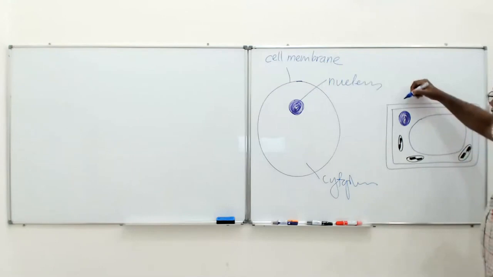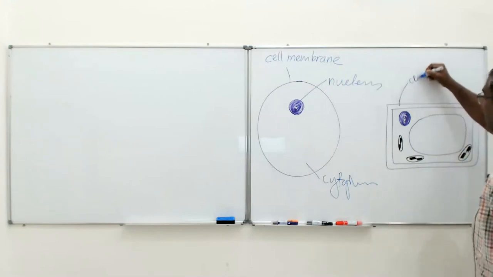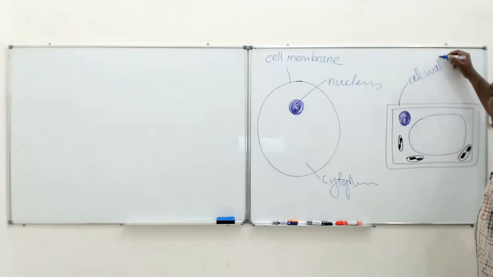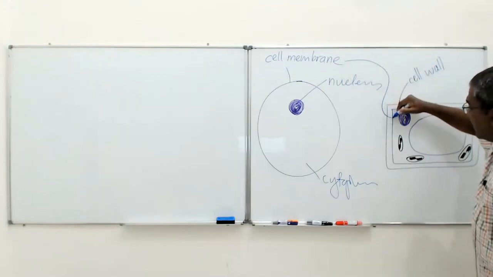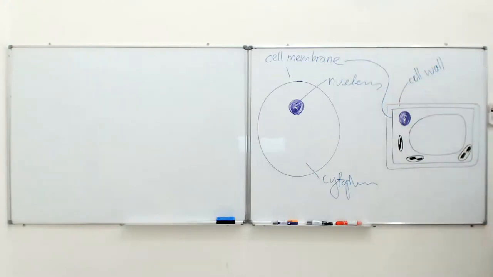You can see the cell wall, this is the cell membrane, this is the nucleus, this is the cytoplasm, this is the chloroplast, and this is the vacuole.